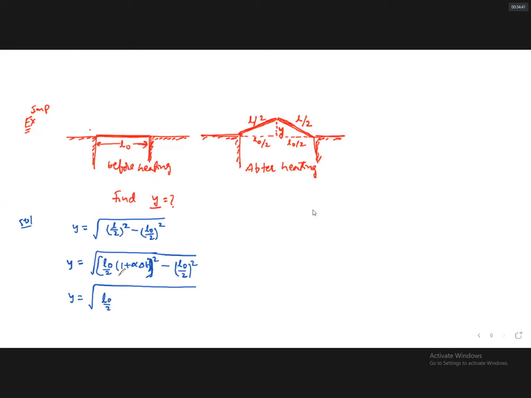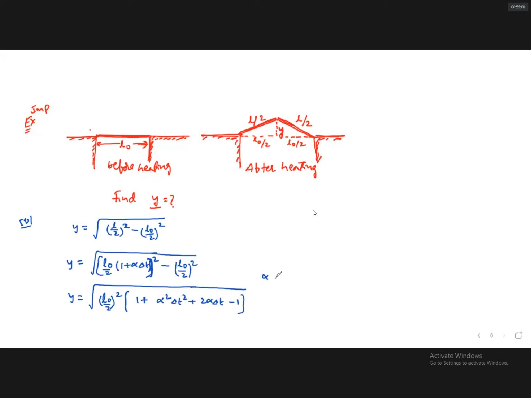Taking (L0 by 2) whole square common, we get (1 plus alpha delta T) whole square minus 1, which is 1 plus alpha square delta T square plus 2 alpha delta T minus 1.